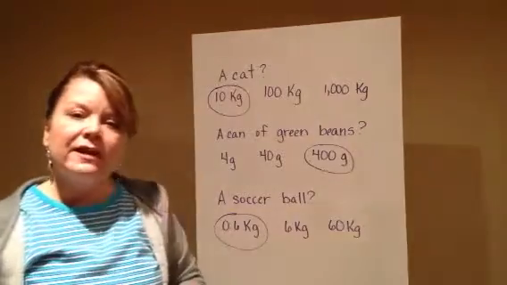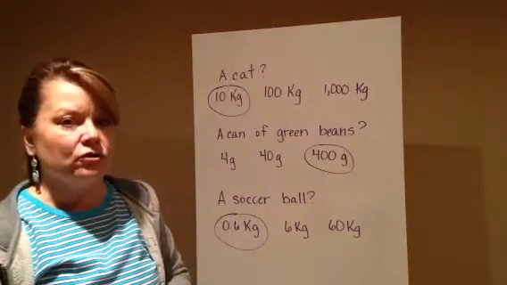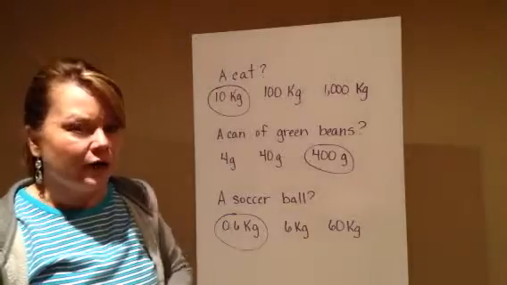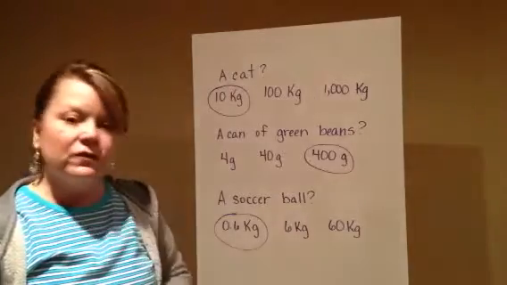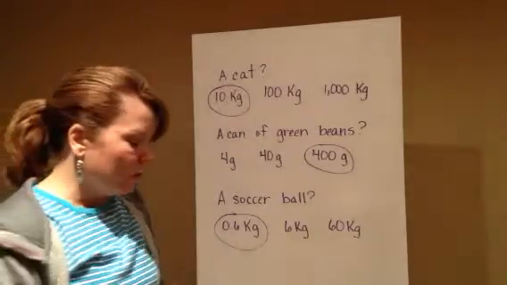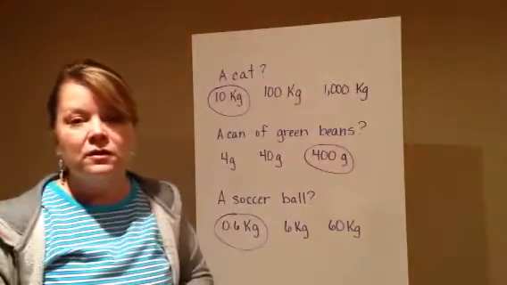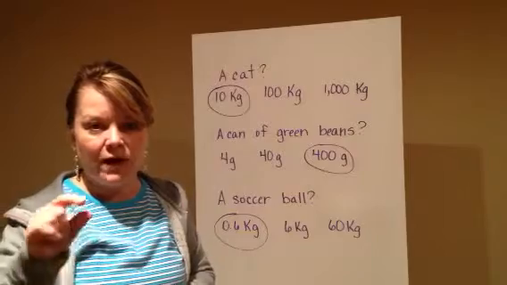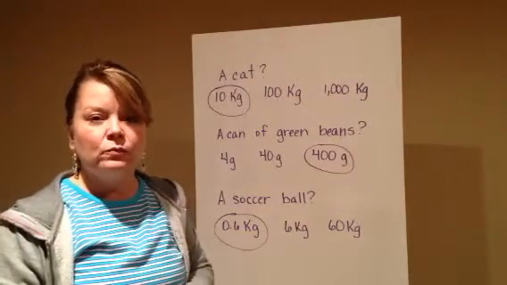Now, what I want you to be thinking about is in our classroom, this might get you thinking about grams and ounces. If you think about a nickel, just a regular nickel, a nickel is about 5 grams. So 5 of those gram pieces would be a nickel.